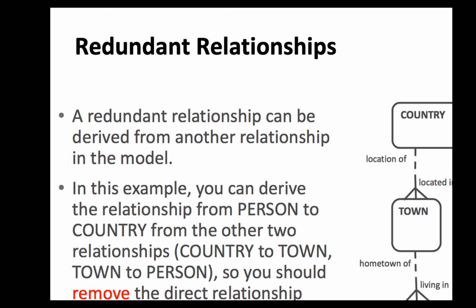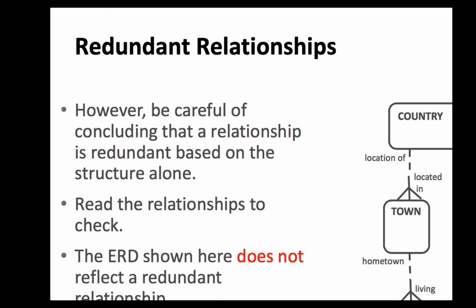Okay, so usually in databases we want to avoid or remove direct relationships or this sort of redundant relationships. But not all relationships are redundant. It depends. For example, in this case, this person might be living in this town, but his birthplace could be different.